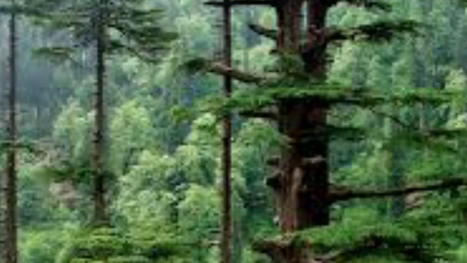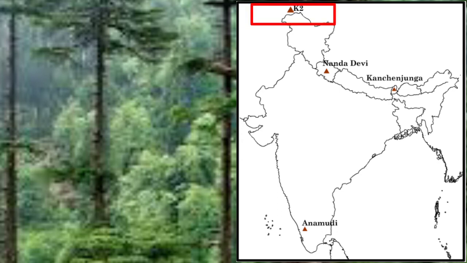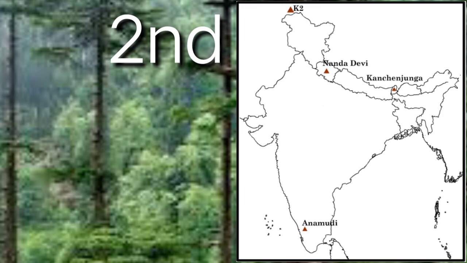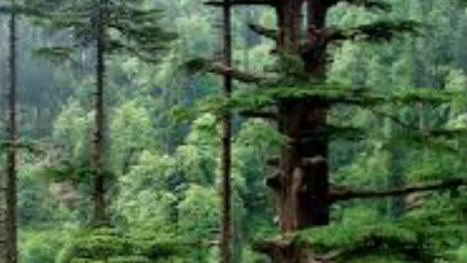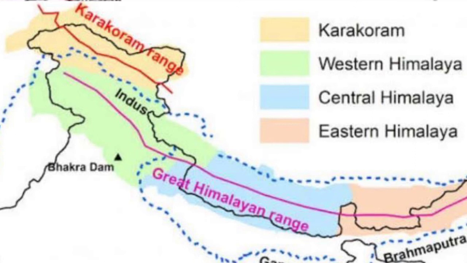Children, Mount Godwin Austen, also known as K2, lies in this range. It is the highest peak in India and the second highest peak in the world. Right, children? So here we have done discussion about the Karakoram Mountains and K2. This is the highest peak in India.